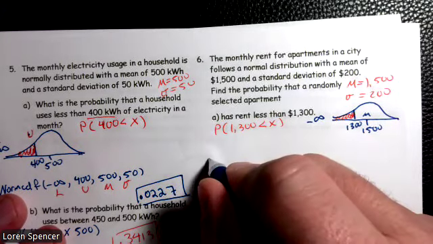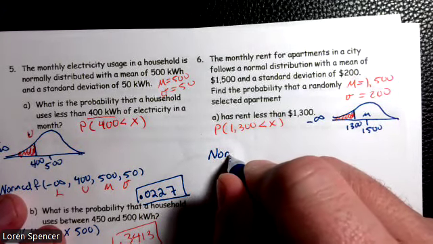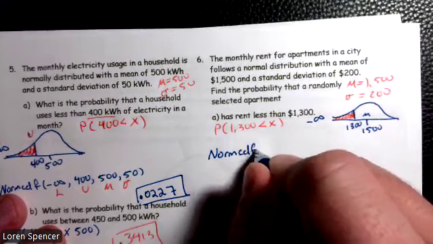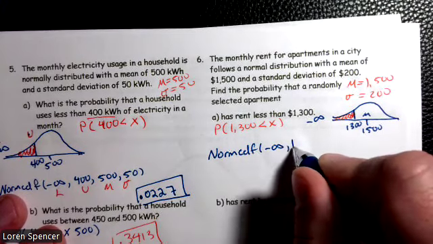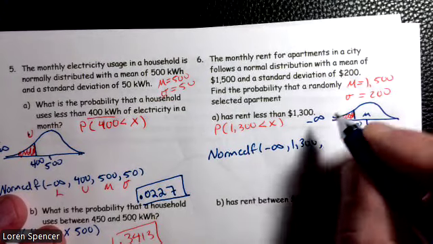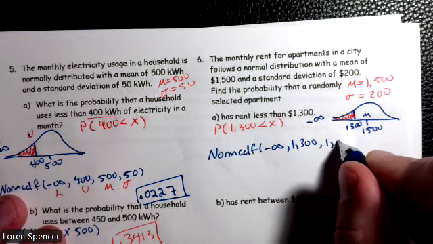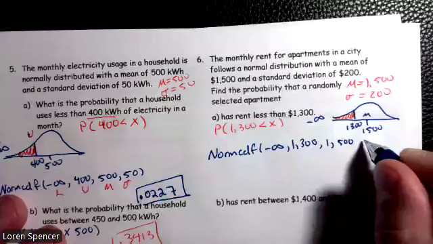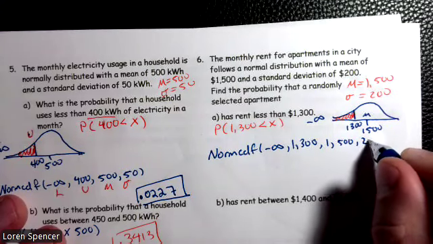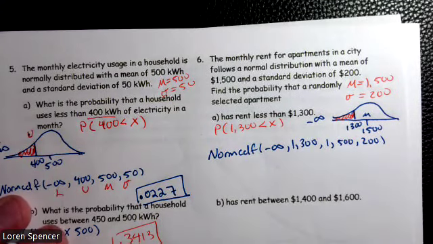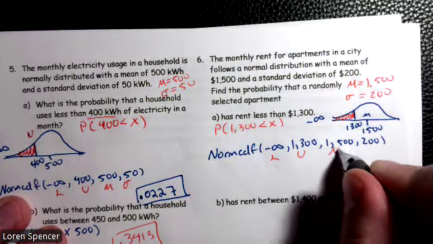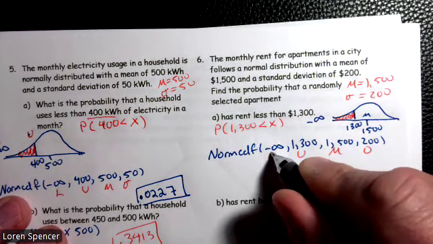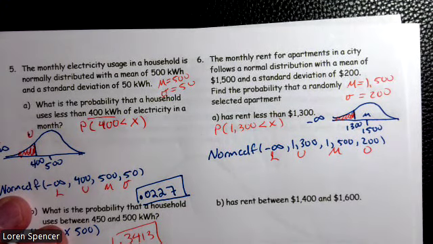So I have a norm CDF. Negative infinity, 1,300, mean of 1,500, standard deviation of 200. So there's our LUMO. Lower, upper, mean, standard deviation.